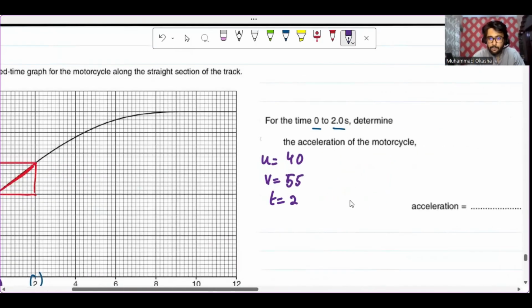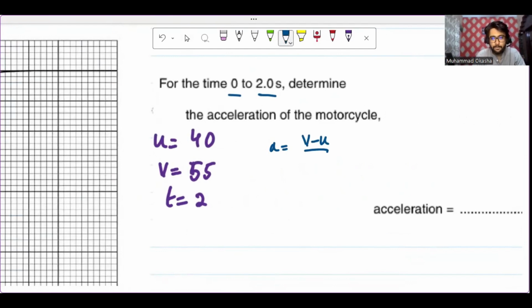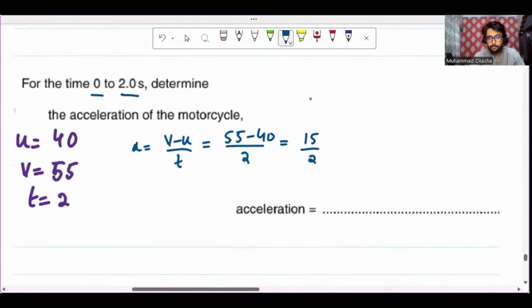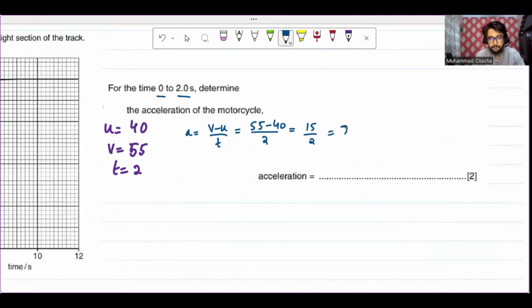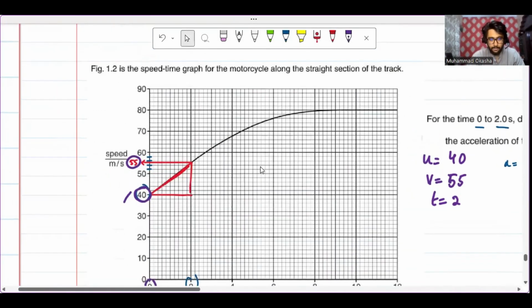So acceleration equals v minus u divided by t. In this case, 55 minus 40 divided by 2. 55 minus 40 would be 15, divided by 2, which equals 7.5 meters per second square. Make sure you're putting the right units.